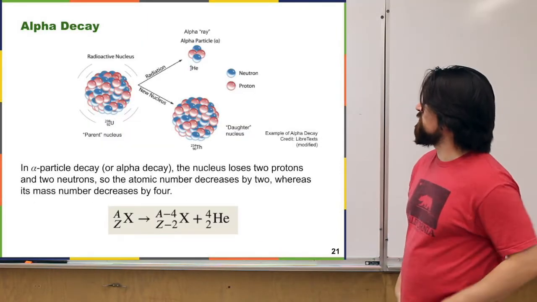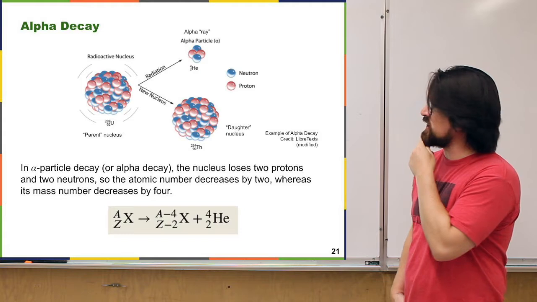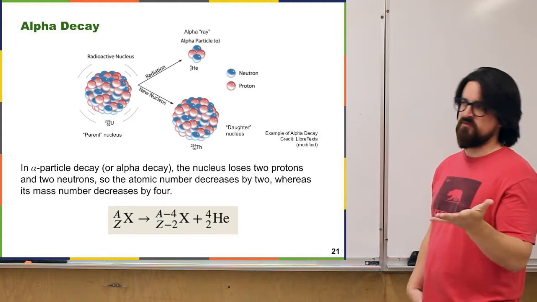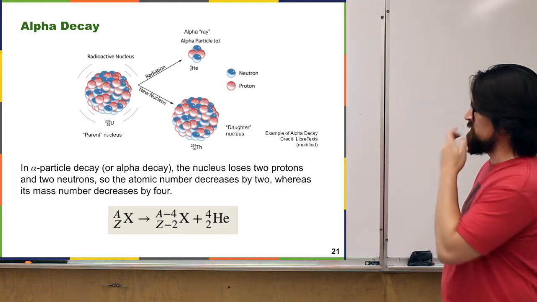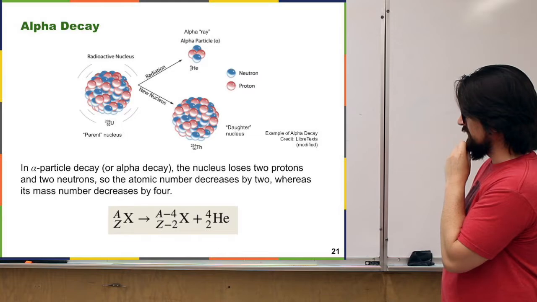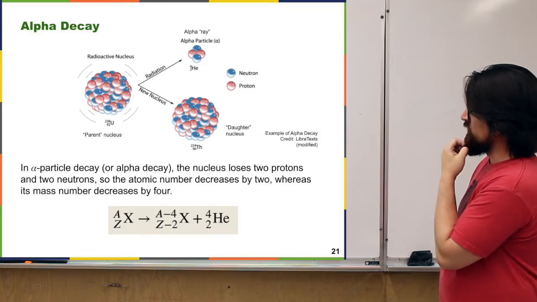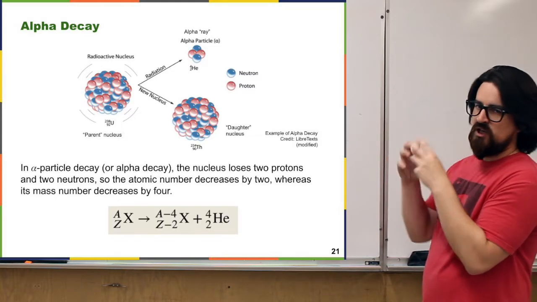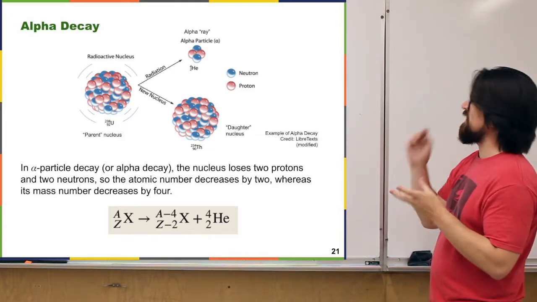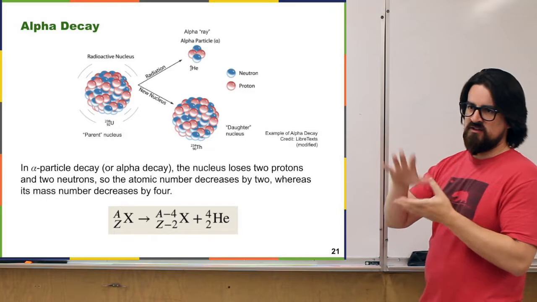Let's look a little bit more at these kinds of decays, or the things that produce those different kinds of radiation. Alpha rays, beta rays, gamma rays. First, the alpha rays are produced by alpha decay, and that happens when basically a chunk of a nucleus gets pushed off in some way. We're not too concerned with how it actually happens, just the fact that this is what goes on.